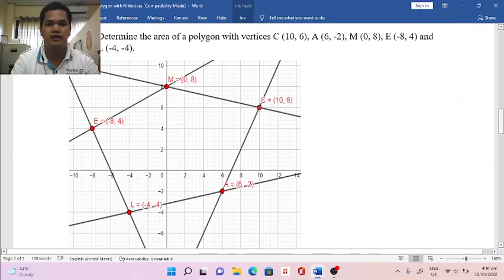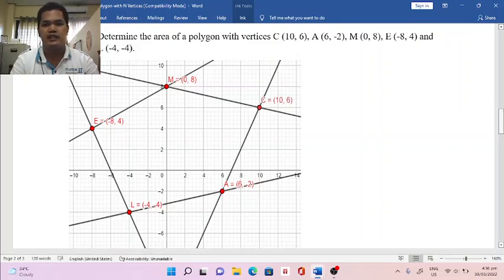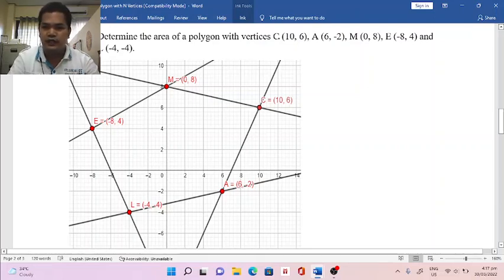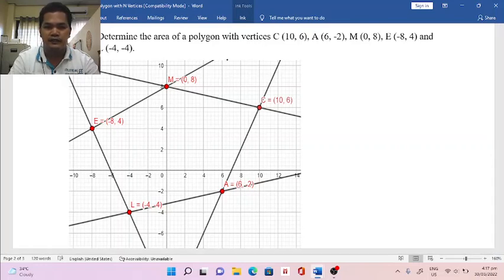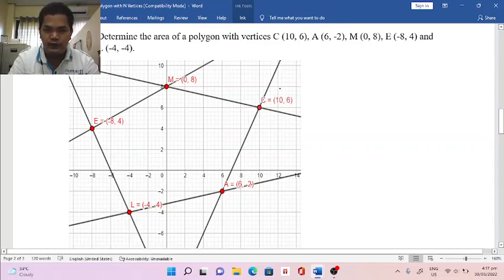Determine the area of a polygon with vertices C (10, 6), A (6, negative 2), M (0, 8), E (negative 8, 4), and L (negative 4, negative 4). So let us look at these vertices, whether they are arranged in counterclockwise direction or not. If we follow C, A, M, then we will not have a counterclockwise direction.